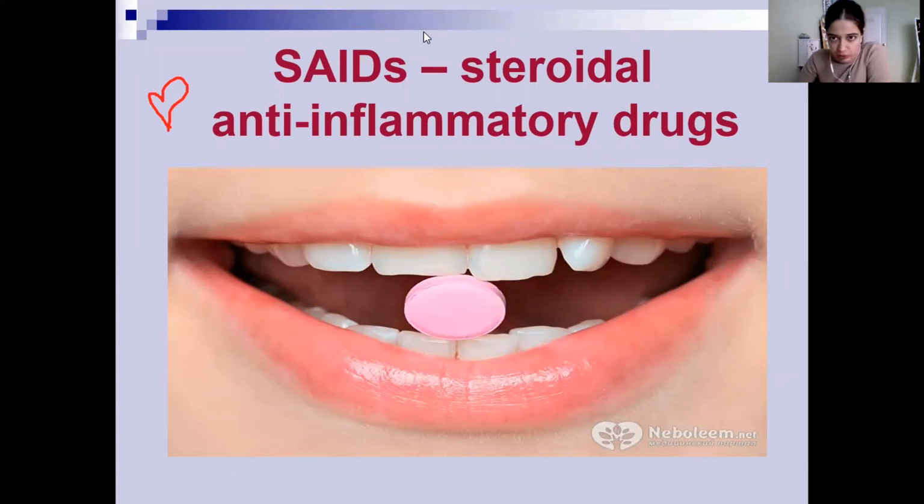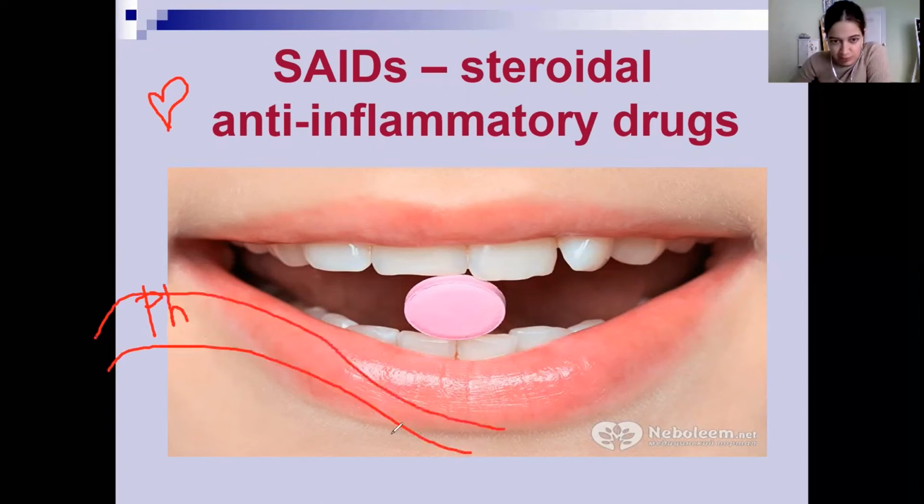I will just remind you once again that we have phospholipids of the cell membrane. They are affected by the phospholipase A2 enzyme.